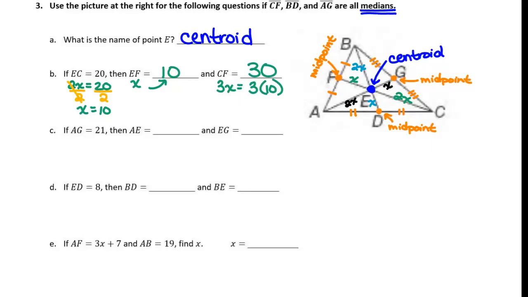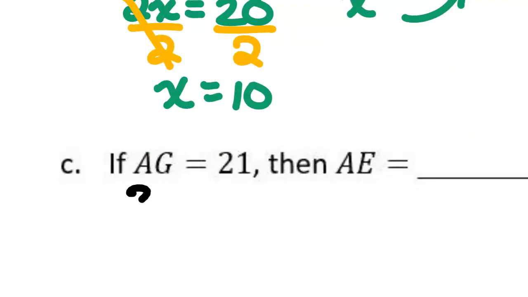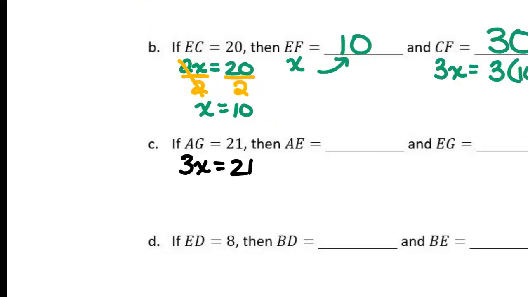Part C, it tells me that AG, well, here's A and all the way over to G, so here's AG. AG is 21. Is AG a 1x, 2x, or 3x? 3x. So 3x is 21. Well, if 3x is 21, then how big is x?